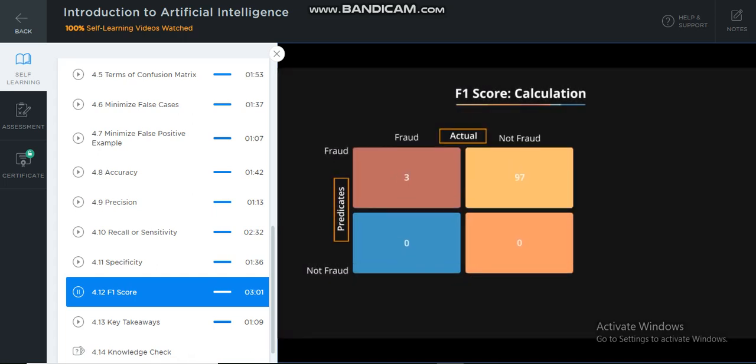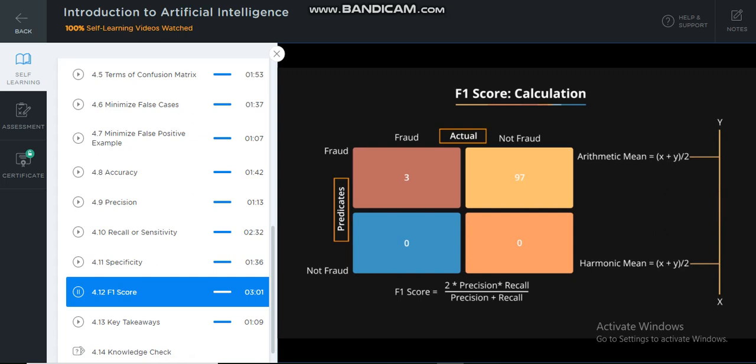Let's proceed to learn how to calculate F1 score. One of the easiest ways is to take the arithmetic mean, which is (P + R) / 2, where P is precision and R is recall.